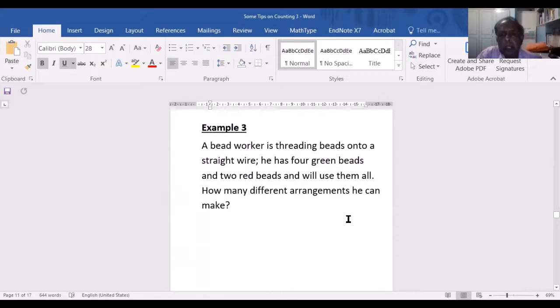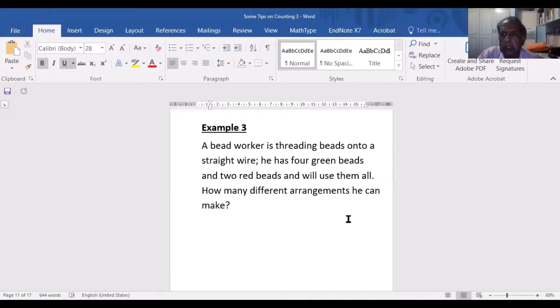A bead worker is threading beads onto a straight wire. He has 4 green beads and 2 red beads and will use them all. How many different arrangements can he make? Now this is a problem on arrangements. So it's a problem which belongs to the previous section, but this is perfectly in order.